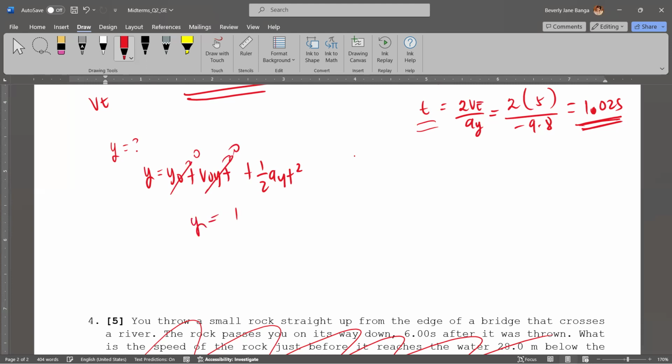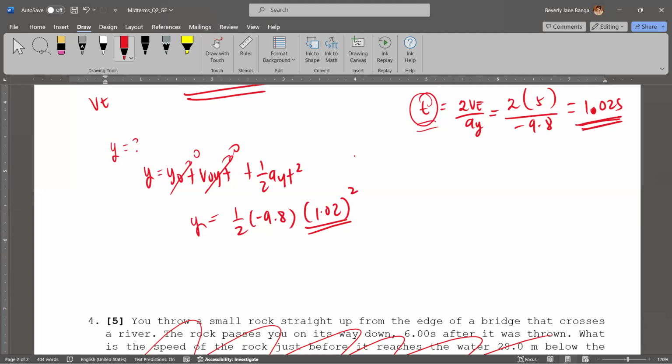So, I'm left with y is 1/2 negative 9.8 times 1.02 squared. Kasi nga, alam ko na yung bolt, 'di ba? Nakuha na natin kanina, yung bolt nag-travel ng 1.02 seconds bago siya makapantay kay elevator. Okay, yun lang yung time niya, 1.02 seconds.